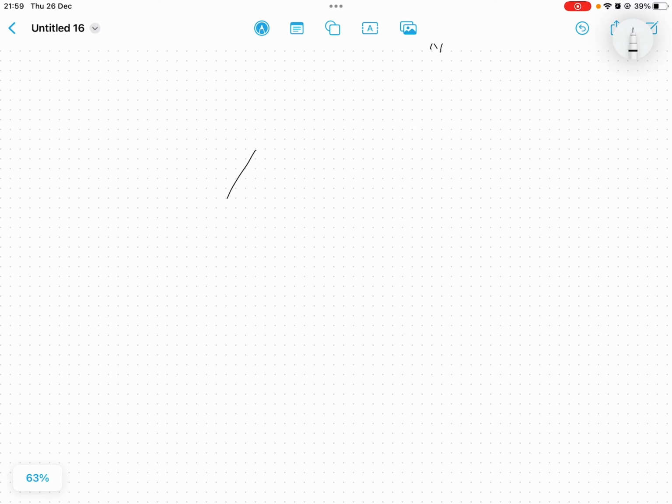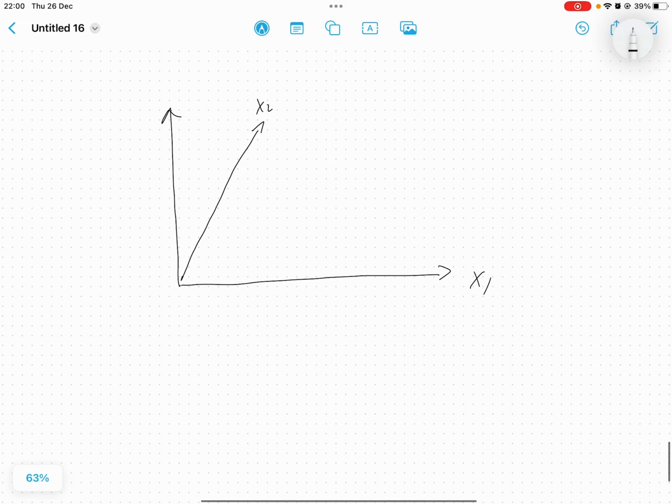Let's suppose this is going into the paper. Let's suppose this is x2 and this is x1, and this is the third dimension, which is just a rough idea of the intuition of the utility function. This would be u of x or alpha x, right?